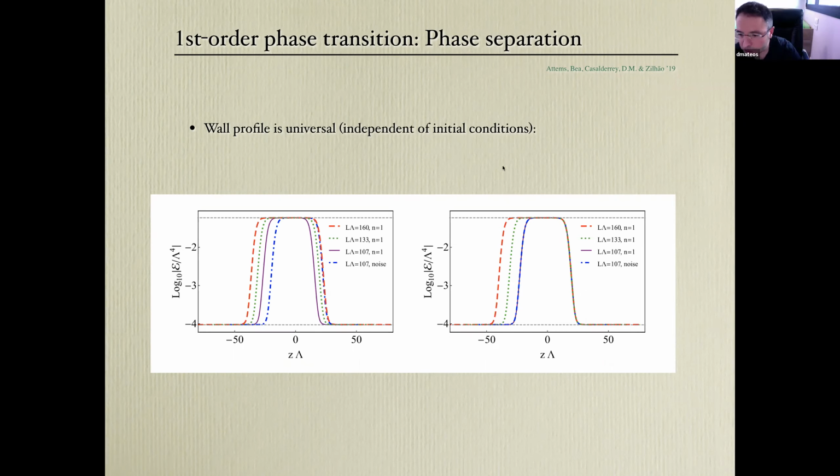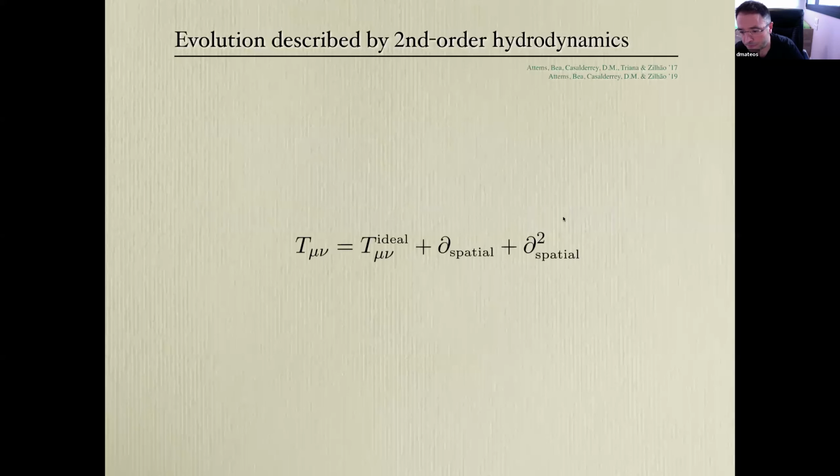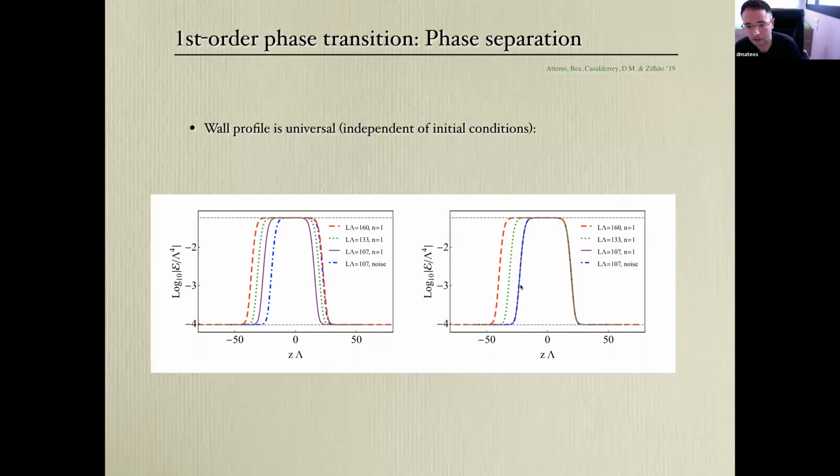So you need to extend your definition of free energy to inhomogeneous states. And you can do that. In fact, hydrodynamics at second order is doing that for you. When you determine this curve by solving these equations, in a way, that should be equivalent to minimizing a functional free energy, which is a functional of this profile, in which this functional is expanded only up to second order in derivatives.